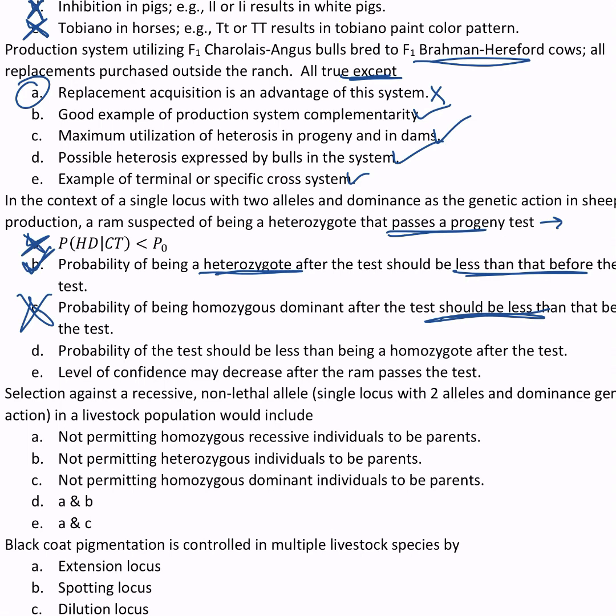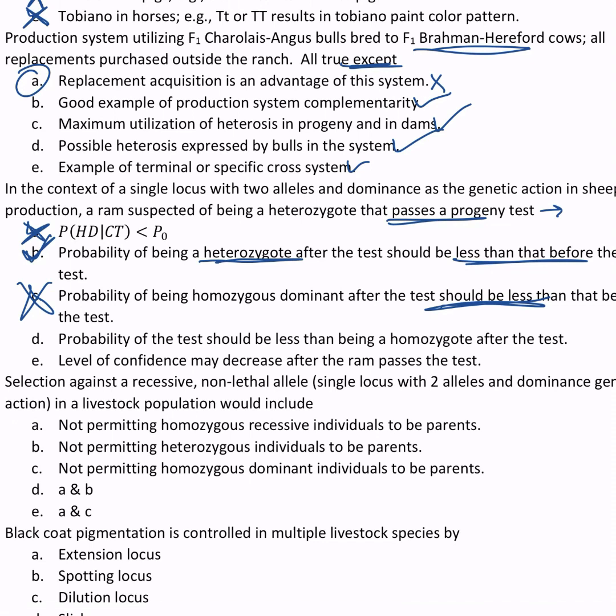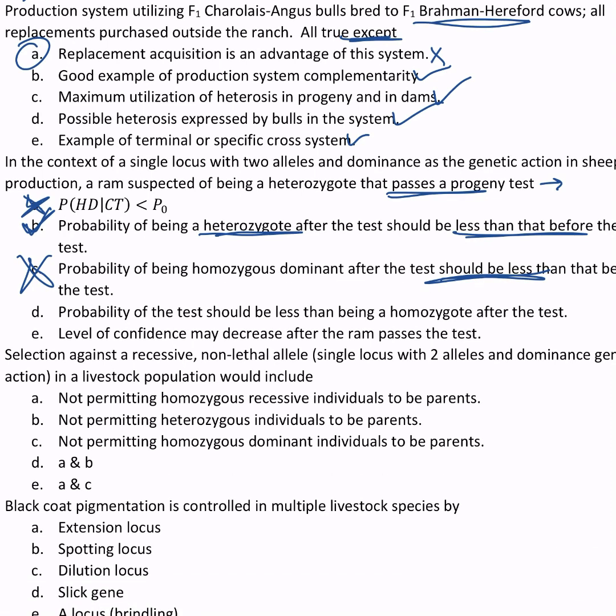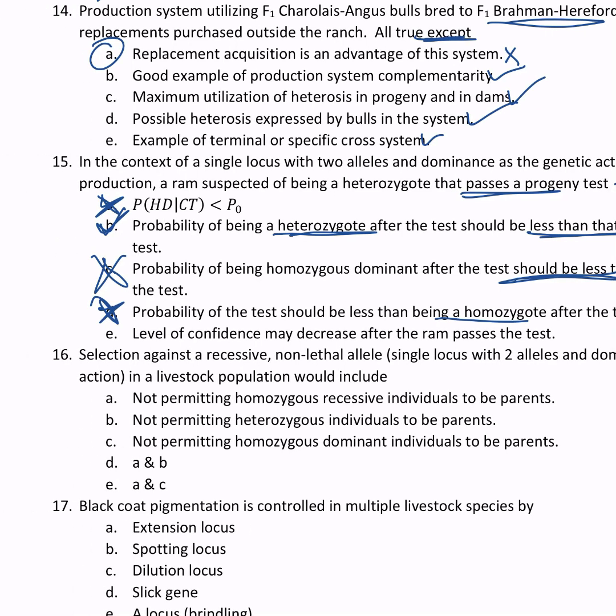Probability of the test has nothing to do with his probability of being homozygous dominant. And then, level of confidence may decrease after the ram passes the test. That's definitely not correct. Level of confidence is based upon the animals he's bred to, so it's not going to increase or decrease after the test.